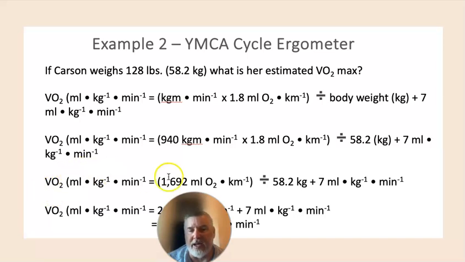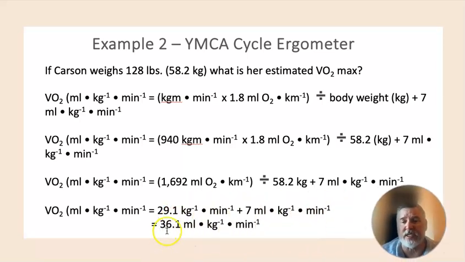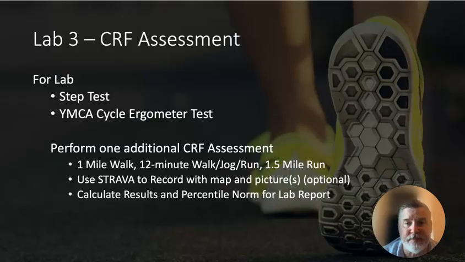So when I calculate this out, I get a VO2 of 36.1 mils per kg per minute. So in your lab, I give you a simulated test, and this is how you do it. You're going to graph, extrapolate, drop it down, and use that work rate to calculate an estimated VO2 max.